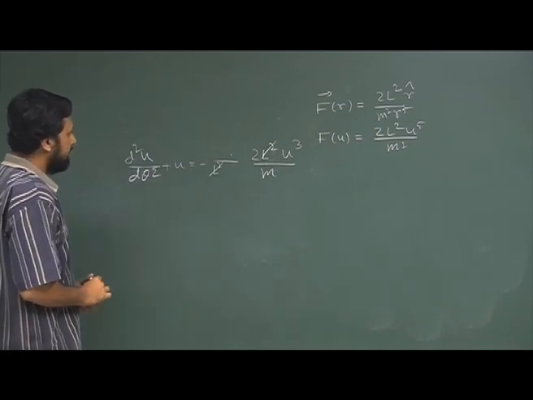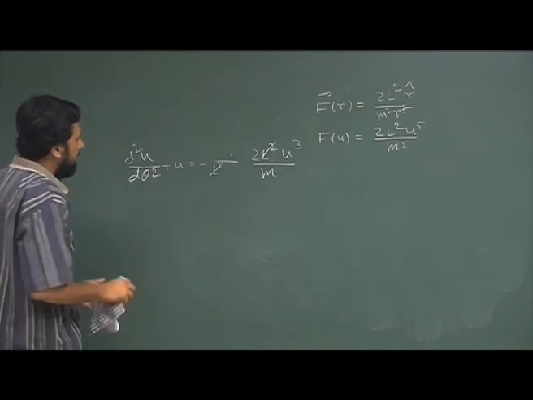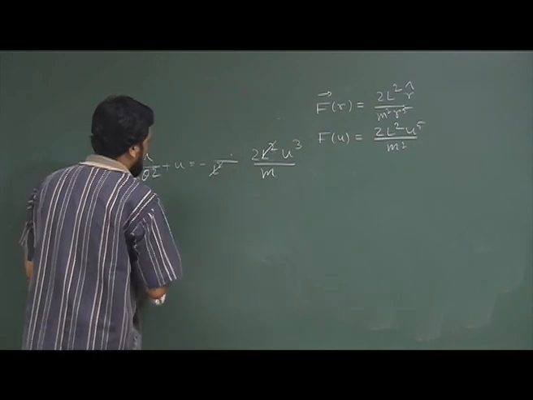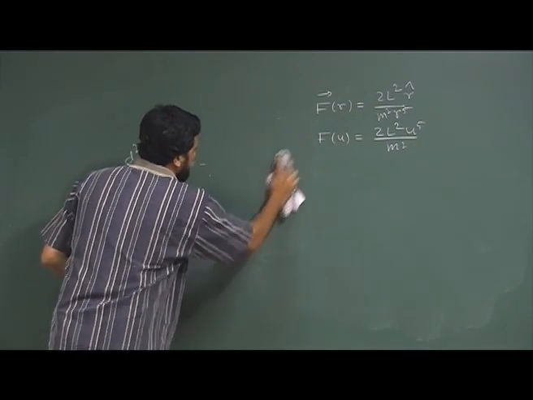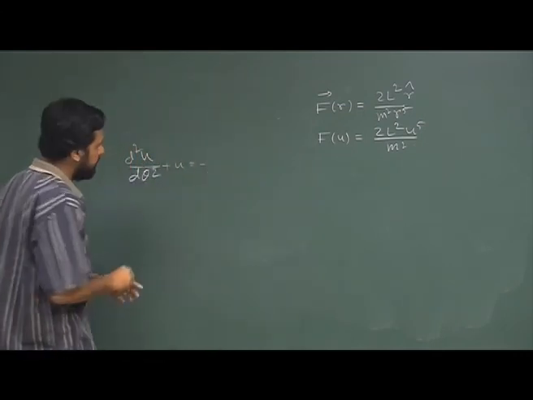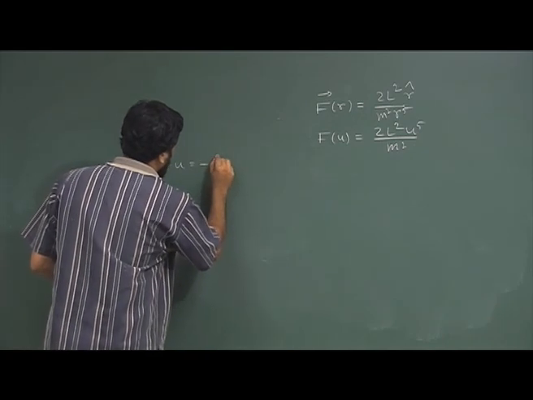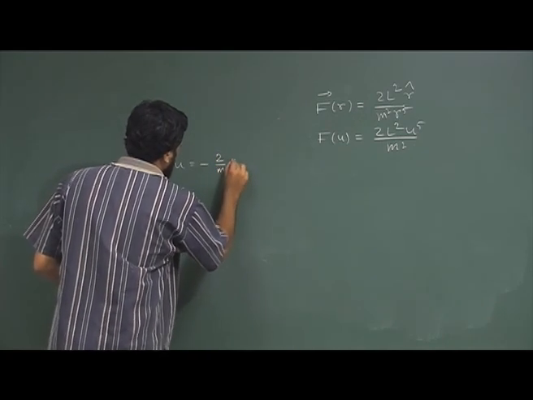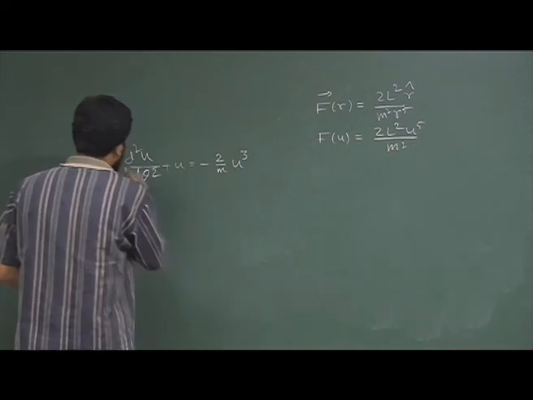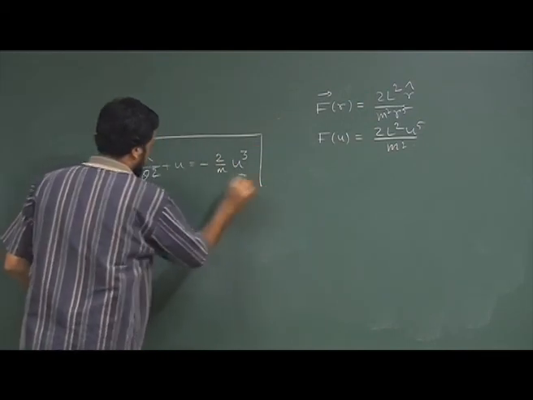So, essentially the differential equation becomes minus 2 by m u cubed. So, this is our answer.